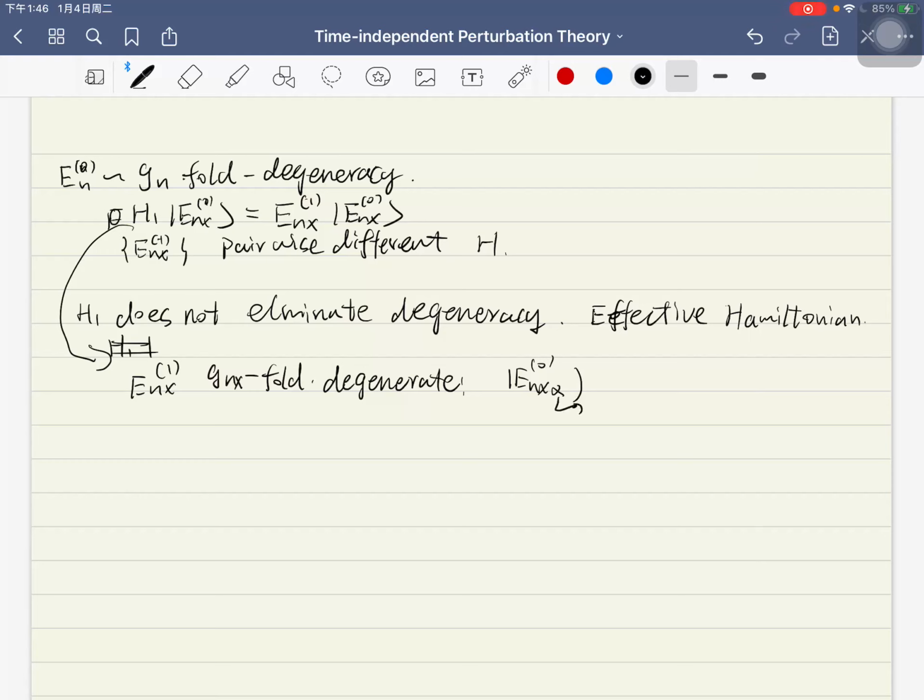The label alpha represents the different eigenstates corresponding to the same eigenvalue E_nx^1.